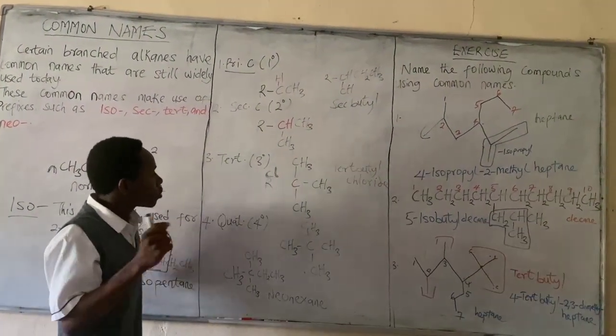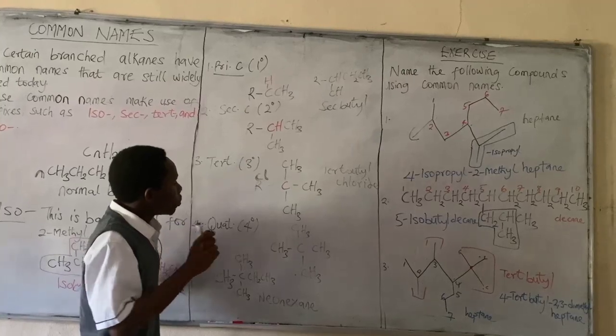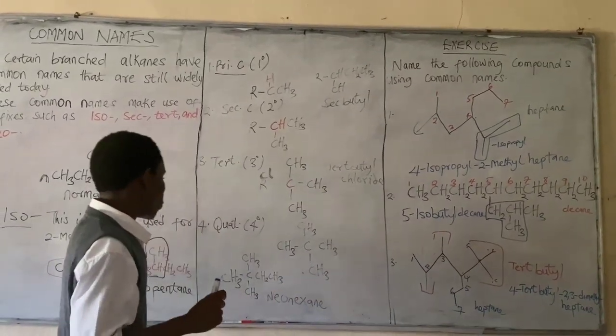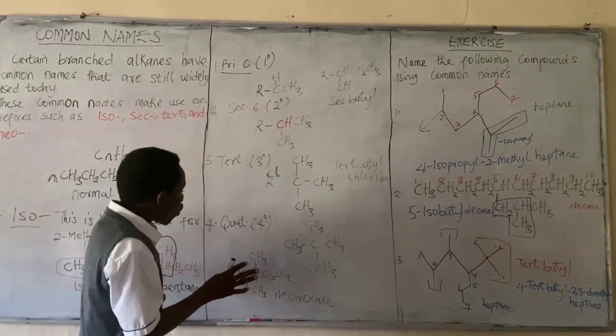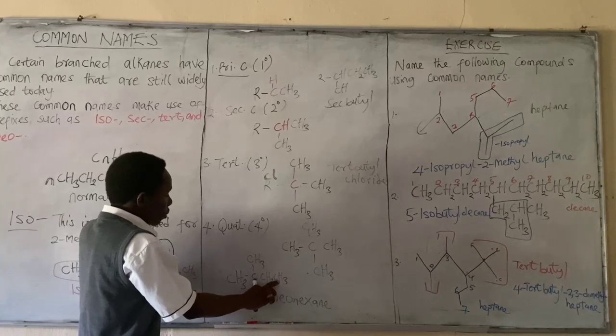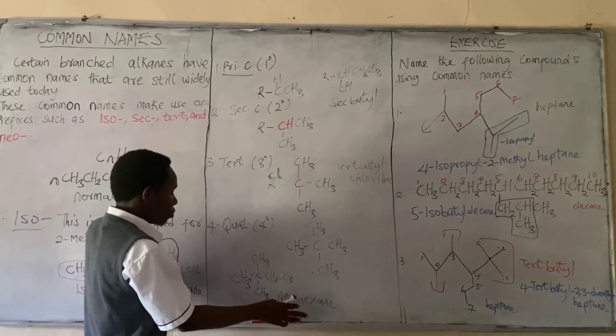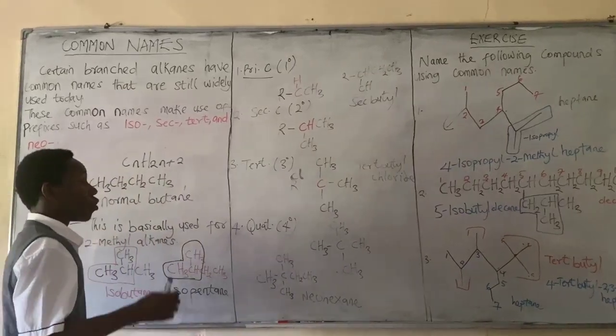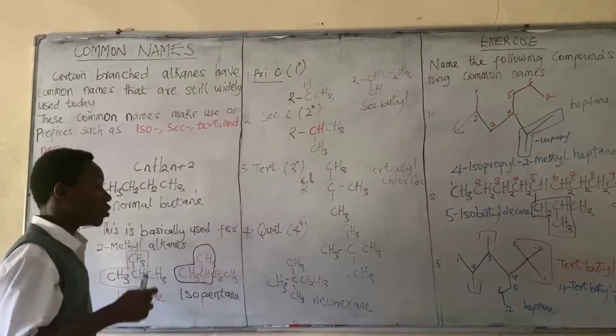Whenever we see the substituent attached to a tertiary carbon, we use tert. And whenever we have a quaternary carbon having an extra carbon, we use neo. That is how we name organic compounds using common names.